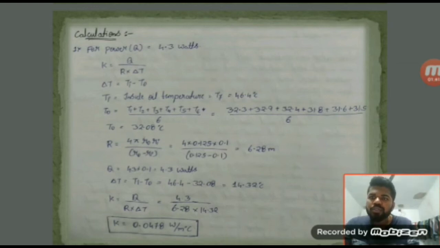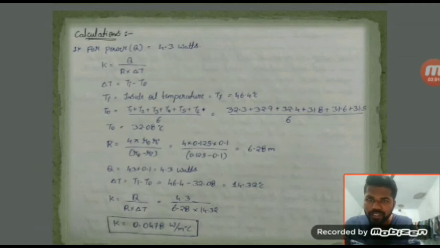For the first calculation, Q is 43 into 0.1. Here it is 43 volts and 0.1 amperes, which is 4.3 watts. And delta T is temperature inlet minus temperature outlet, which here is 14.32 degrees centigrade.